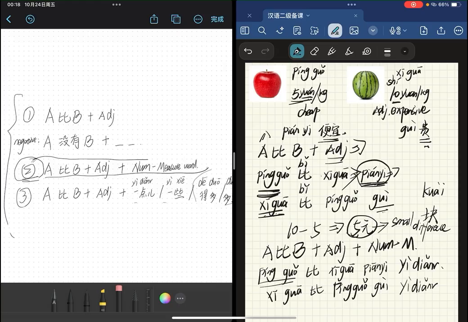苹果比西瓜便宜. 苹果 compared with the 西瓜, we know the 苹果 is a cheap one.